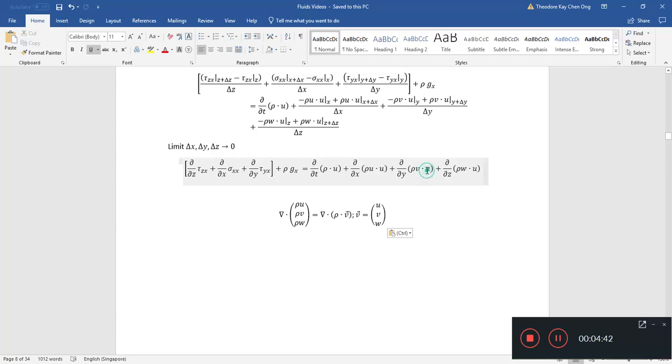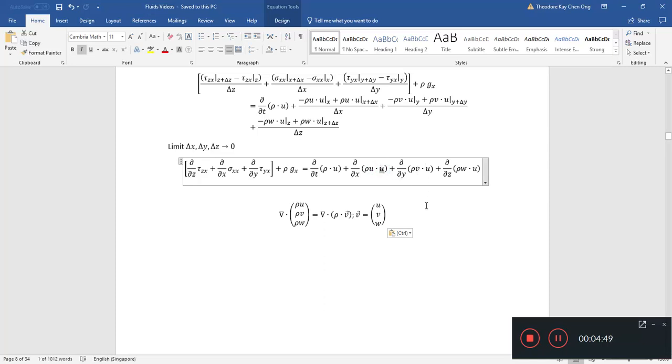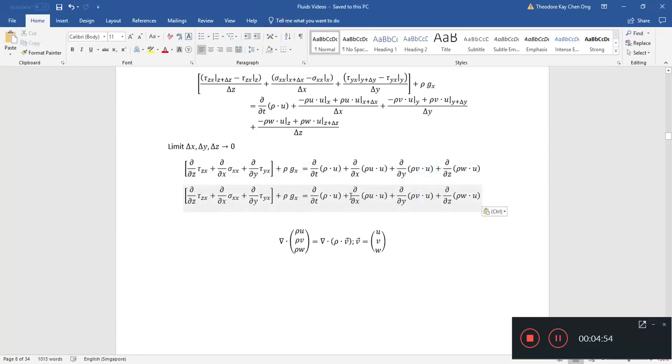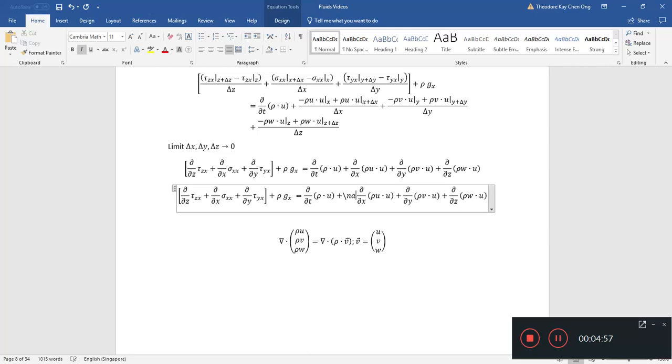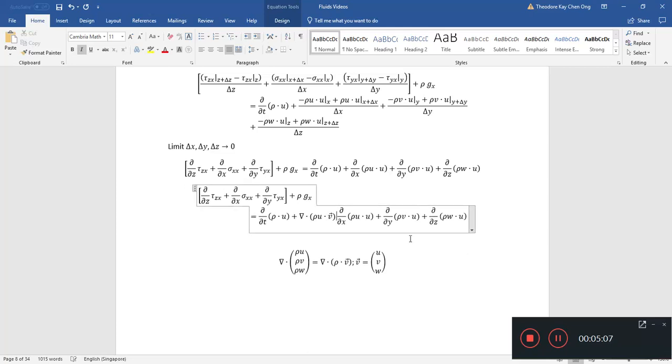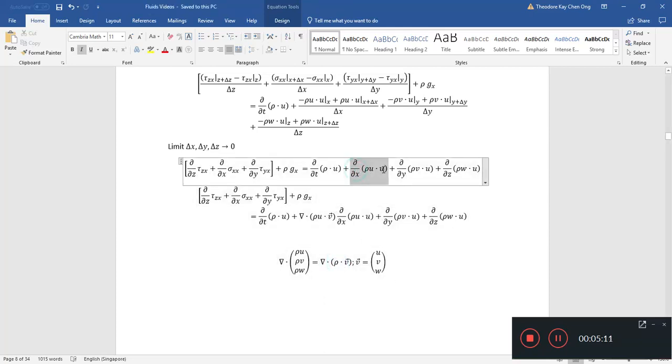So the u is kind of the same throughout everything. So rho u can be factorized out, so to speak. So we want to replace it by the divergence of rho u dot v. What are we doing? We want the rho u, the rho v, and the rho w times u.